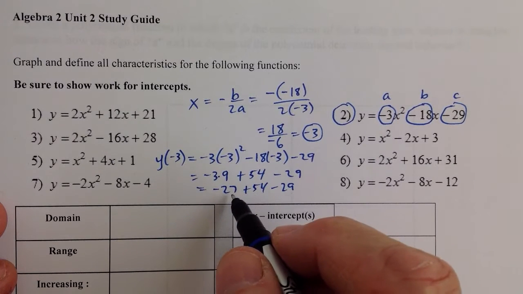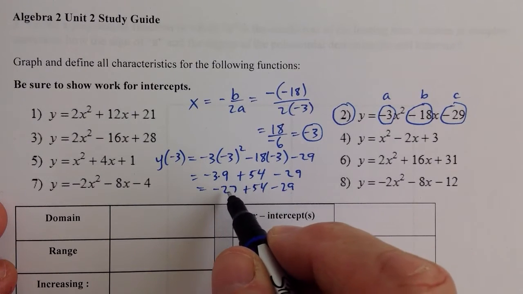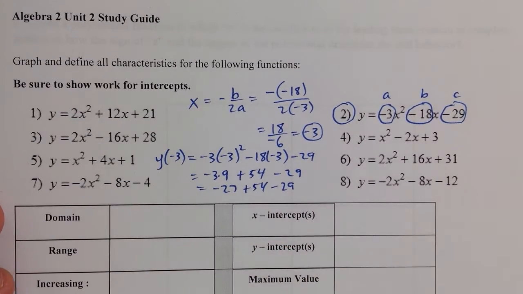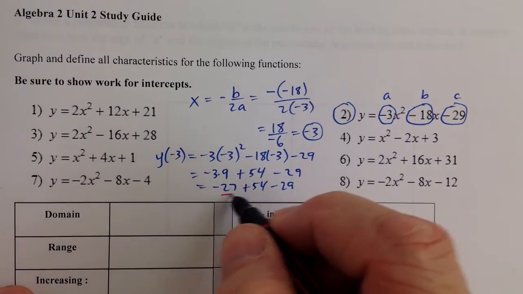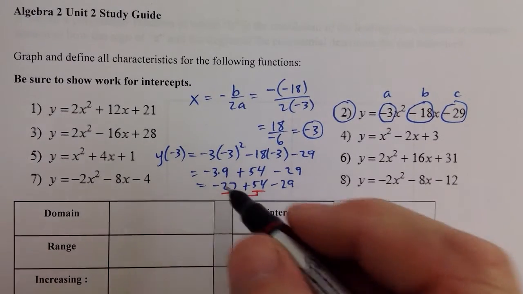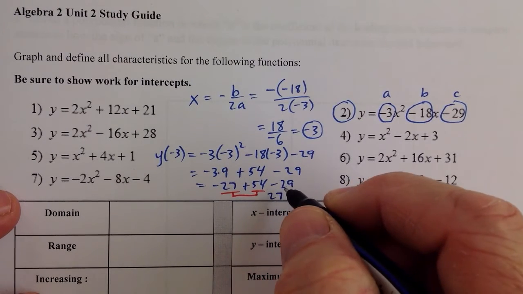So negative 3 times 9 is negative 27, plus 54, minus 29. And now if we are smart here, we can think we can combine the negative 27 and the negative 29. Well, I take it back. We'll just go ahead and add these left to right. So negative 27 plus 54 is 27.